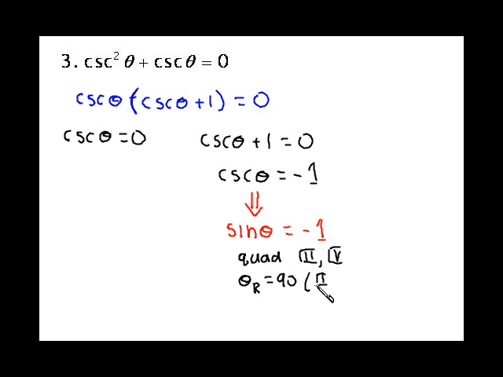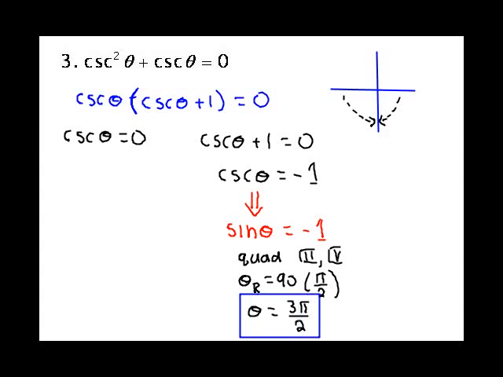So this is the more conservative method. And if you took a reference angle of 90 degrees in quadrants 3 and 4, those two values will meet right there at 90. And 90 down would take you to 270 degrees or 3 pi over 2. But as well, you could simply use your unit circle to get you there.